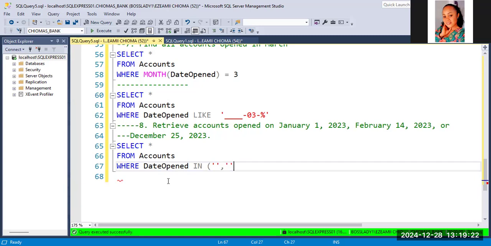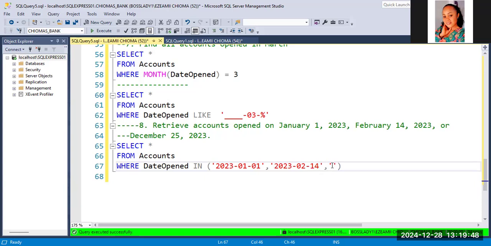So we have 2023, 2023, 0101, 0101. Then the next one, 2023, 02, 14.